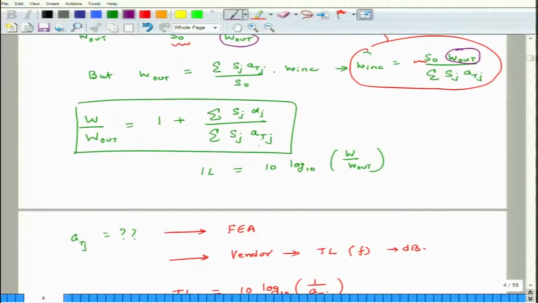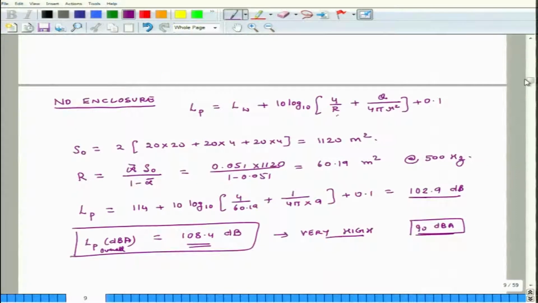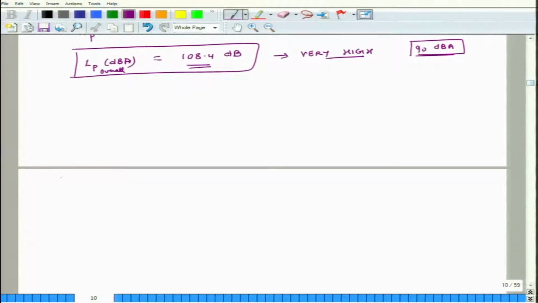For all the surfaces we have to compute surface areas and alpha j's, and once we figure out W out, then I can know what the insertion loss is. Once I know insertion loss, I know LW out, and from that LW out I can again calculate LP for each of the frequency bands. So, let us do with enclosure.